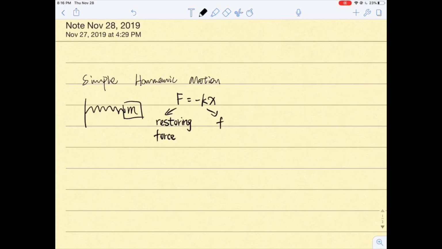k is the force constant, and x is the displacement.